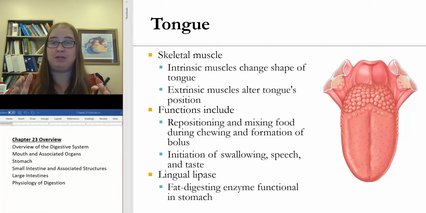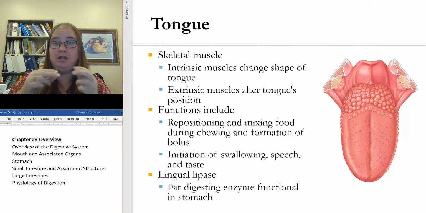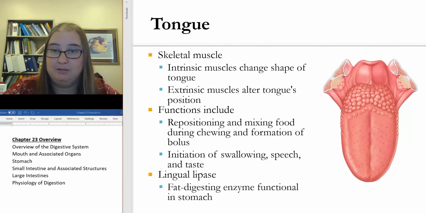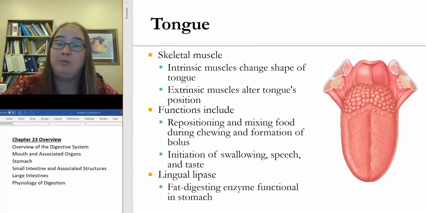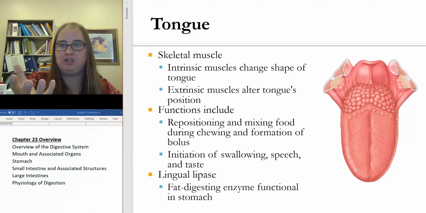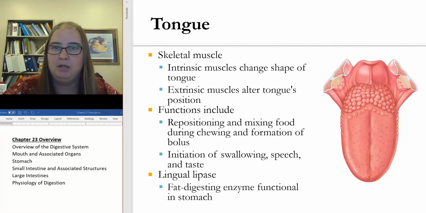If you're someone that can curl your tongue or make your tongue into a little star, those would be intrinsic muscles. When we talk, we use a combination of intrinsic and extrinsic because our tongue is fluctuating in its shape, but also in its position, to pronounce our words.